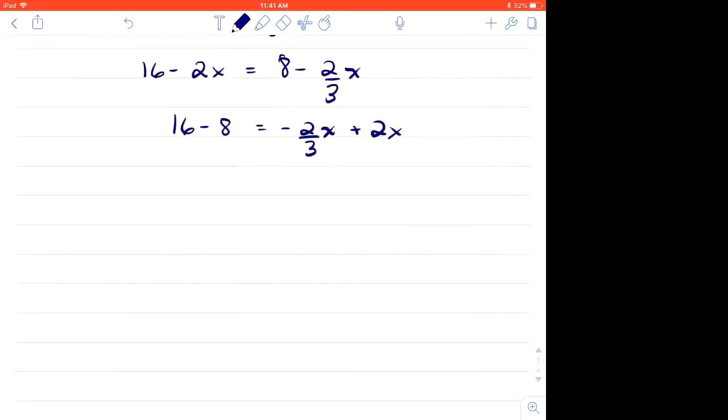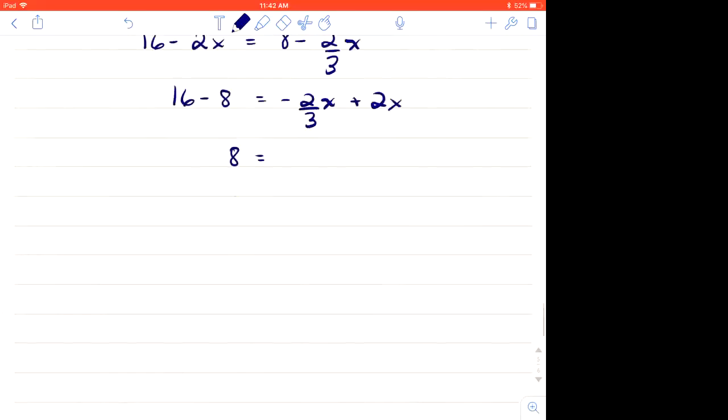Now, if you wanted to do 2 minus 2 over 3 on your calculator, that's fine. But I'll just show you how to do it, because we have to have common denominators on the right-hand side to be able to add up those fractions. So 16 minus 8, we'll just call it 8, is negative 2 over 3x plus 2 as a fraction of 3, which is the same as 6 over 3x. I can replace the 2 with 6 over 3 because I have to have that common denominator.